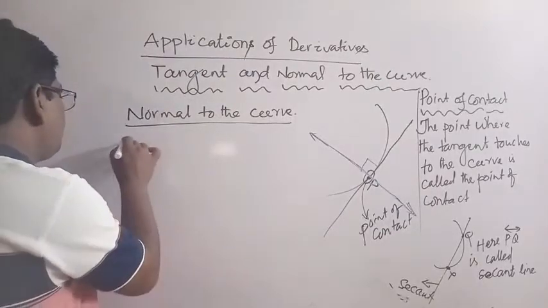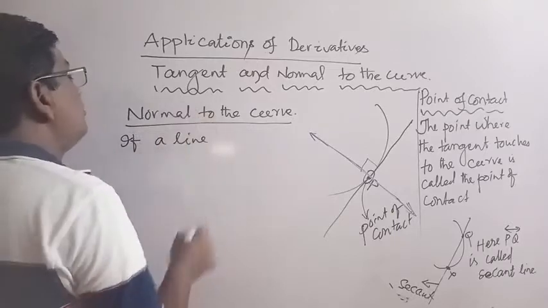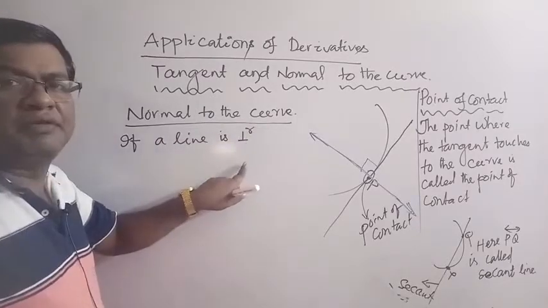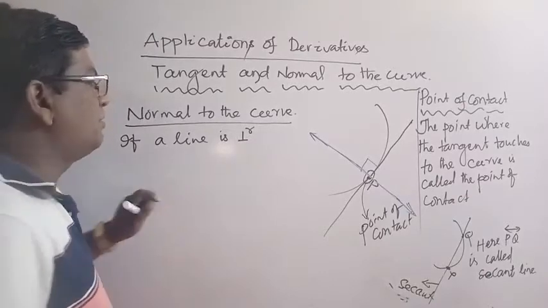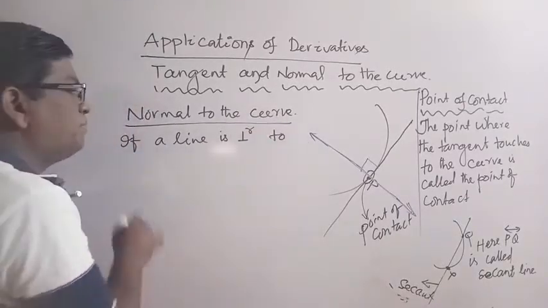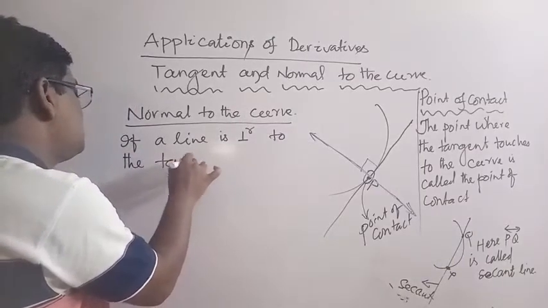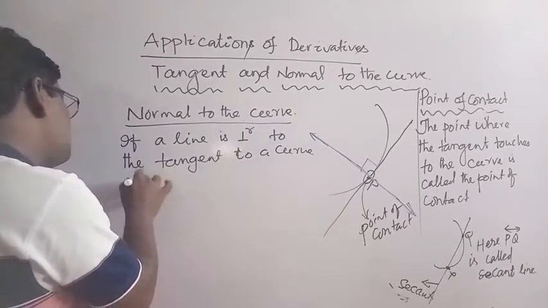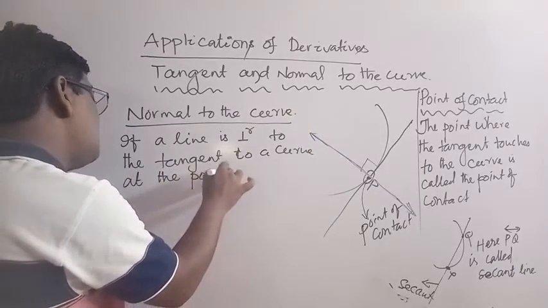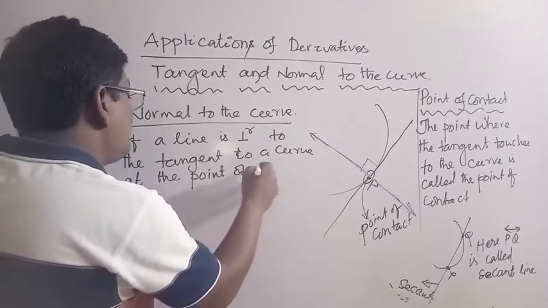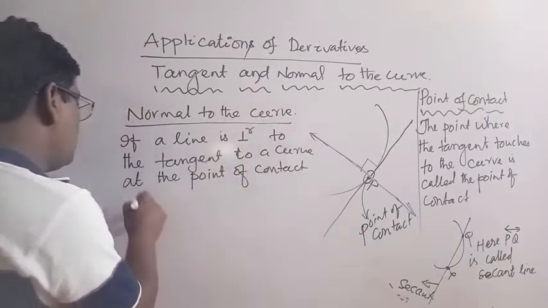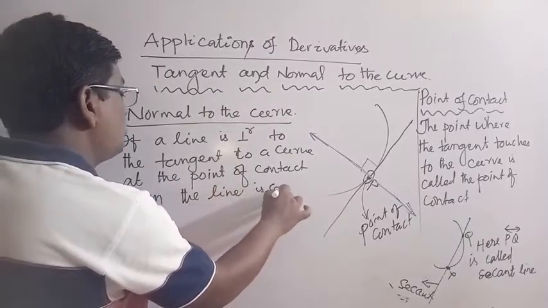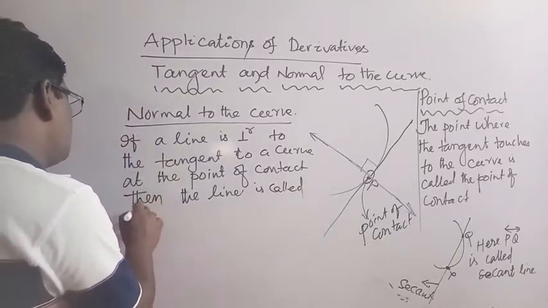If a line is perpendicular, this is the symbol of perpendicular, to the tangent to a curve at the point of contact, then the line is called the normal to the curve.